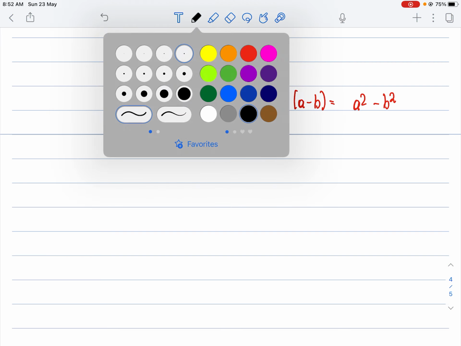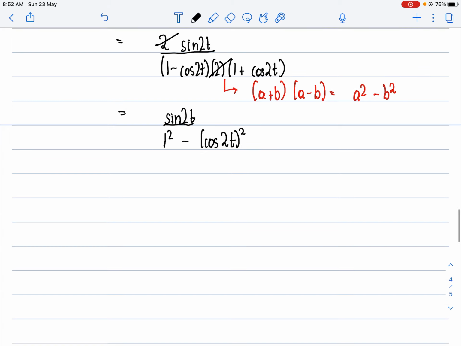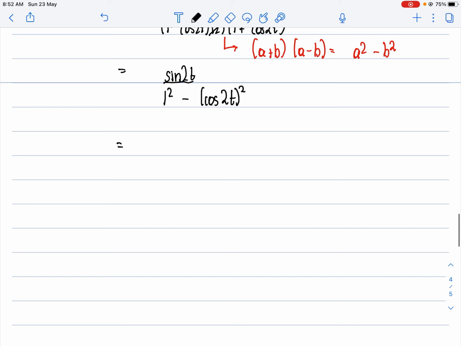So I can write this as 1 square minus cos 2t the whole square, which is basically sine 2t over 1 minus cos square 2t.